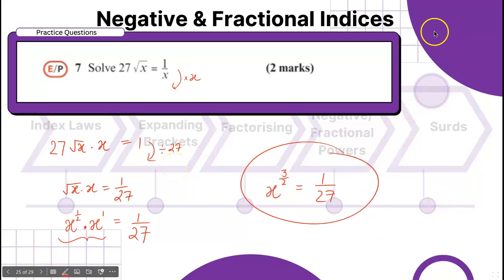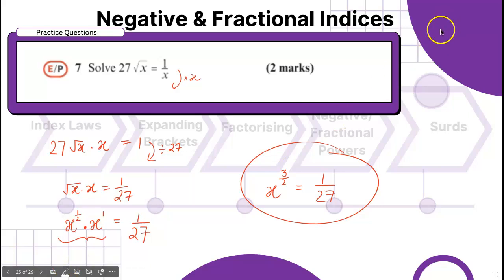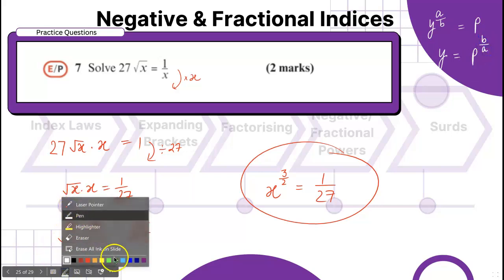Now is the test time of what I taught you. Remember, I wrote something there in the blue box, blue circle. What it was: if you have y to the power a over b, that is equal to p, then y will be p to the power of the reciprocal of that, b over a. This is what we need to implement over here.